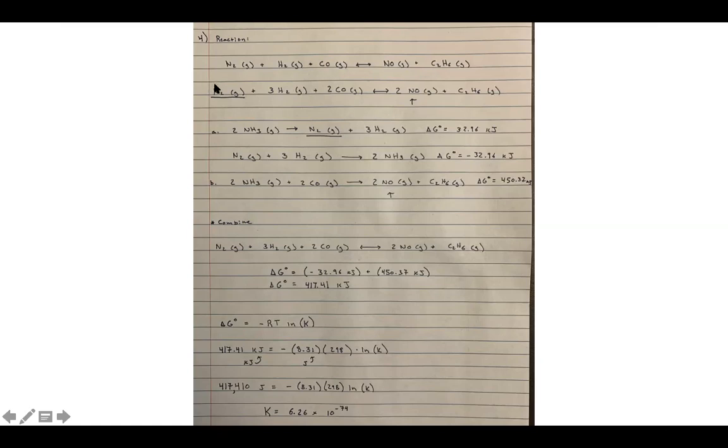Now, to get to the next line, all I did was take the generic reaction given in the first sentence of this problem and balance it. In order for the hydrogens to balance, I needed a coefficient of 3 in front of hydrogen. I needed a coefficient of 2 in front of both carbon monoxide and nitrogen monoxide for every element to balance out.